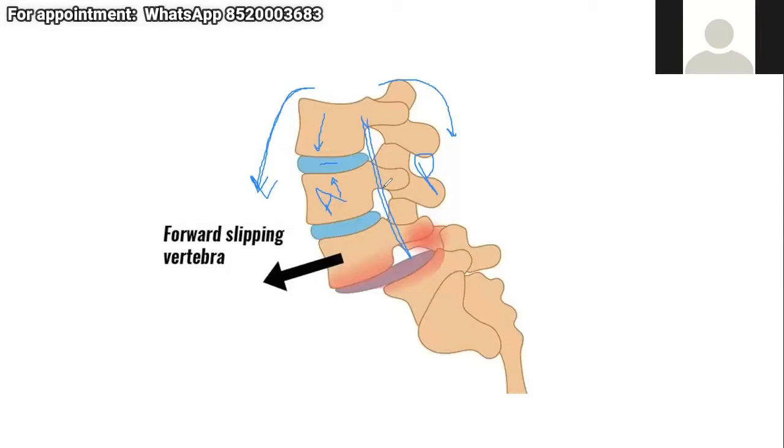So when sir said that flexion will cause an injury, that means flexion over a period of time will cause degenerative changes in the posterior part of the disc. That is as simple as that.